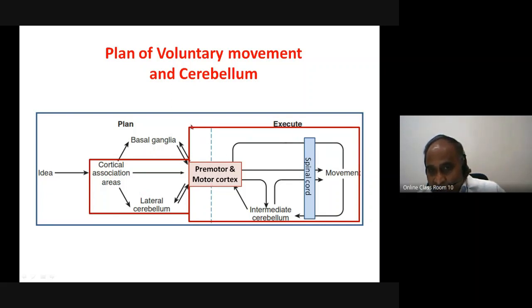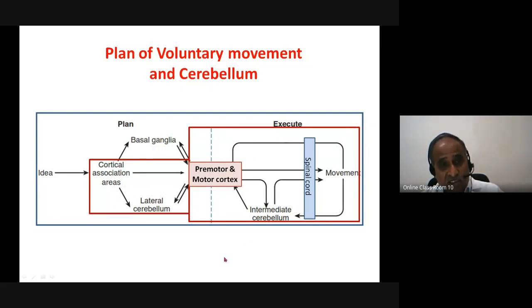Then this one is another component of the cerebellum where it involves the spinal cord and the brainstem, including the vestibular system, for the axial and the distal muscle movements or contractions. This is the second part where the cerebellum participates.